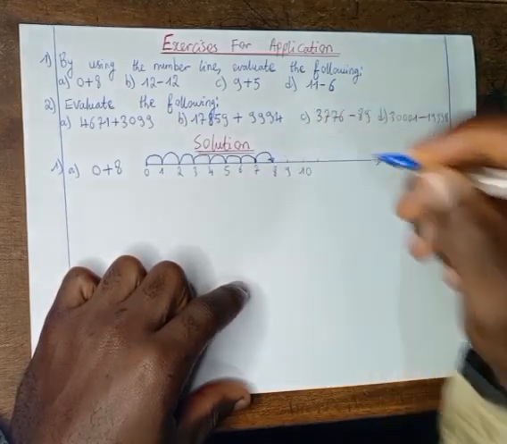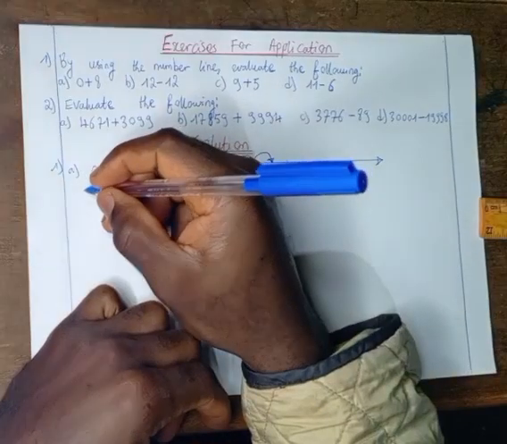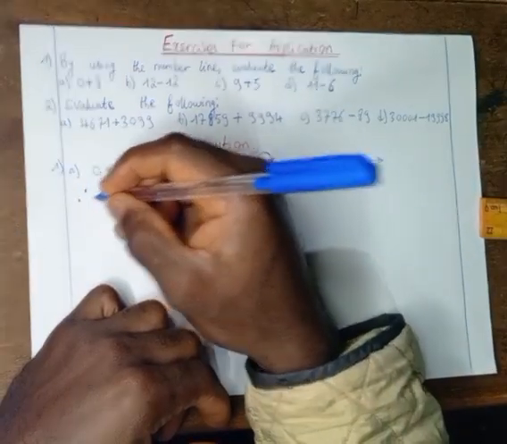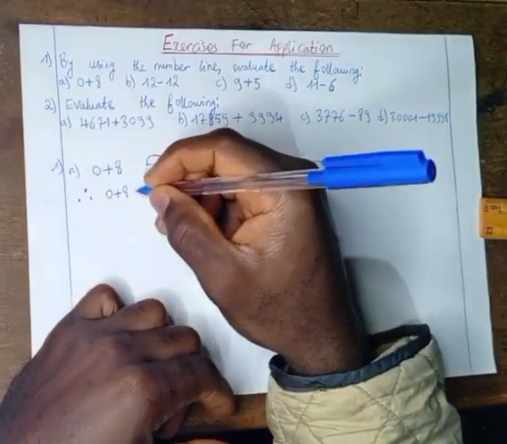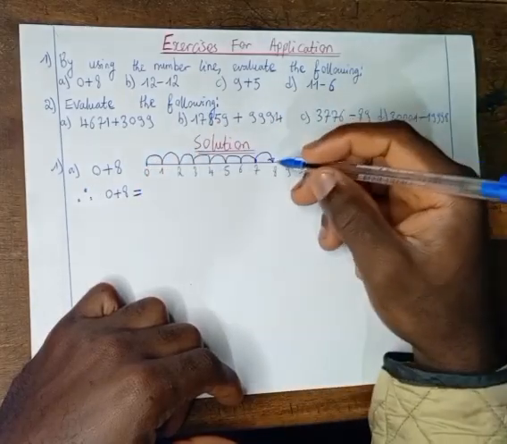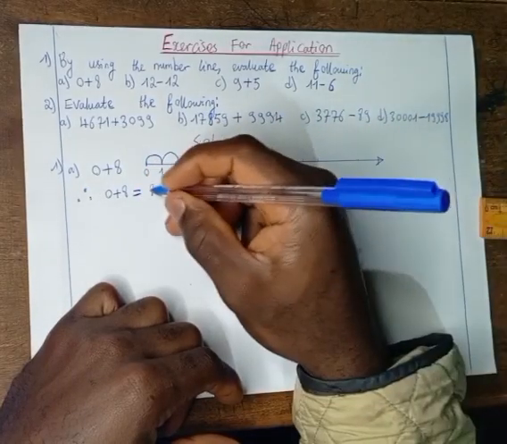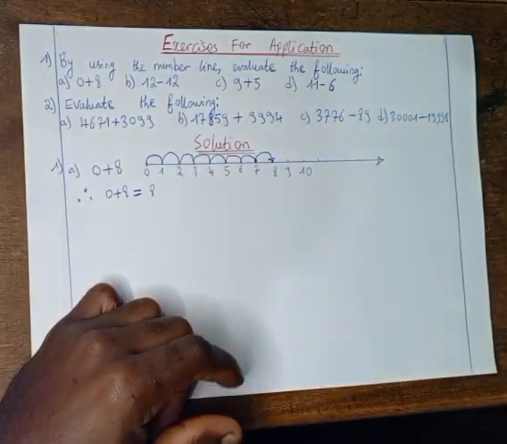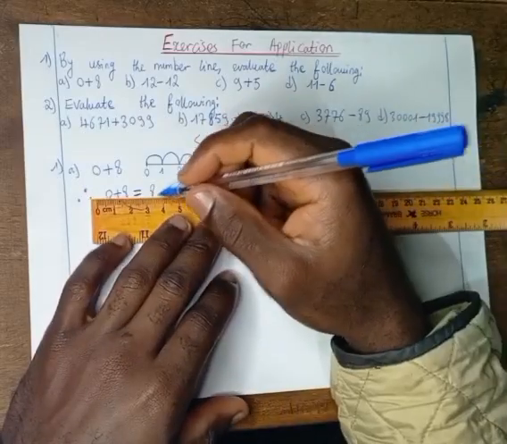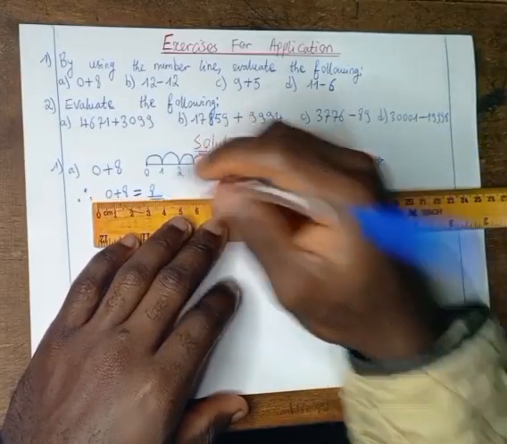We end here. Then we conclude, therefore 0 plus 8 will simply be equal to, read this number, 8. That's our answer.